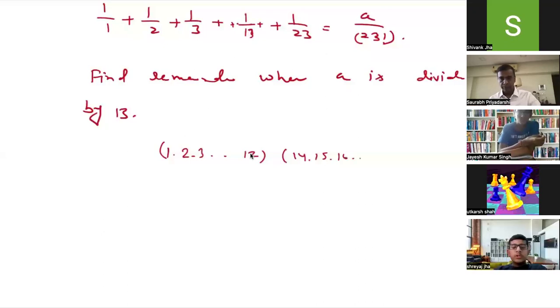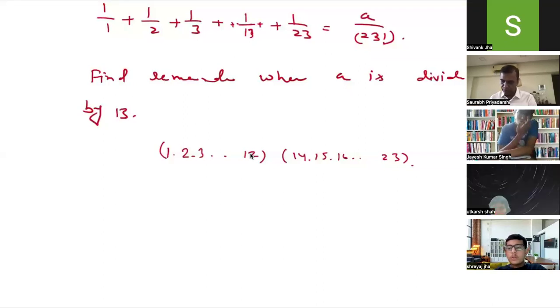Sir, if we multiply both sides by 23 factorial, then after doing that, write whatever comes, beta. Other than that, more terms will come. Like in this term, the first term you'll get 23 factorial, second term you'll get 23 factorial, but the number 2 is not there, right? For the third one, 23 factorial, but 3 is not there. So each and every term except this one will contain 13. Right? So each and every term will be divisible by 13 except this one.